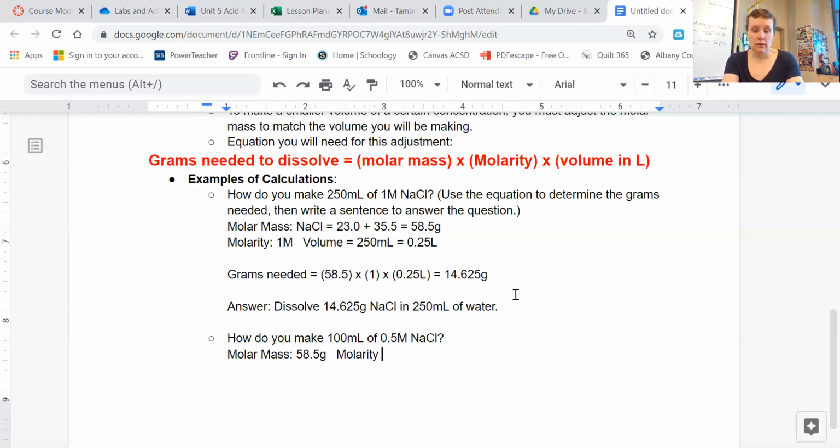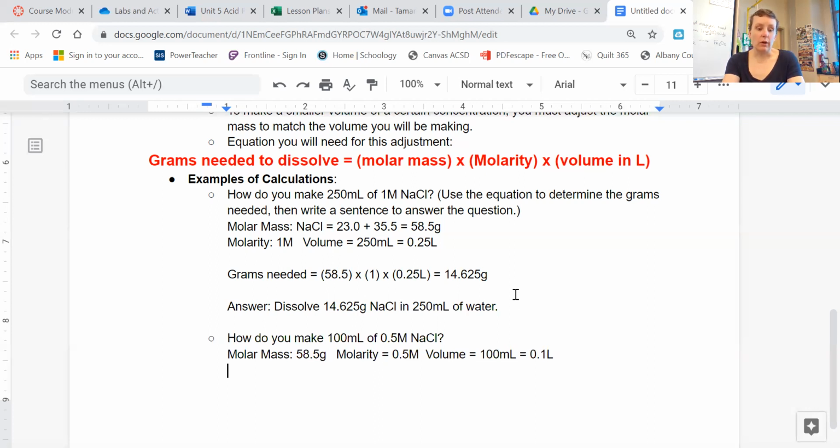Molarity in this problem, think about it. What's the molarity that we want in this problem? It is 0.5 molar, okay? And volume equals 100 milliliters, but remember we have to change that to liters. So 0.1 liters.